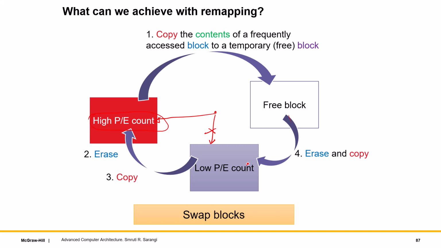Wear leveling has to be done in flash to ensure that parts of it don't wear out and ultimately burn out. So this is an essential thing. This requires some state and, as I said, a remapping table.